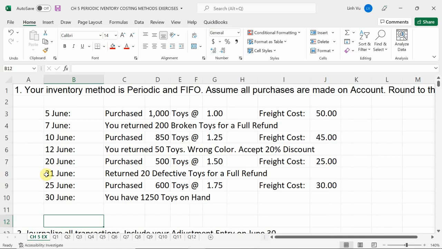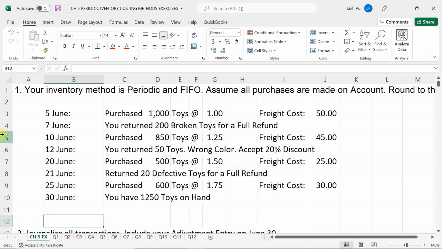So the rule of thumb is you should journalize first and then deal with the inventory worksheet next. But for this example, if you plug it into your inventory worksheet, it will save you from having to recalculate it twice separately. Okay, so let's go ahead and do that.